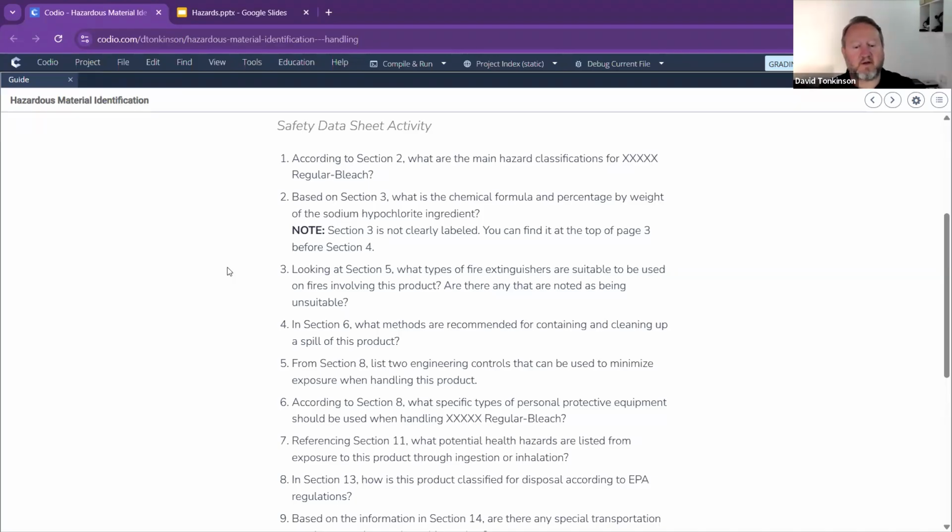Good. Okay. Who fancies doing question number 2 then? Based on section 3, what is the chemical formula and percentage by weight of the sodium hypochlorite ingredient? I know someone's already posted this. Annabelle's in there: sodium hypochlorite is represented at 5 to 10% by weight.